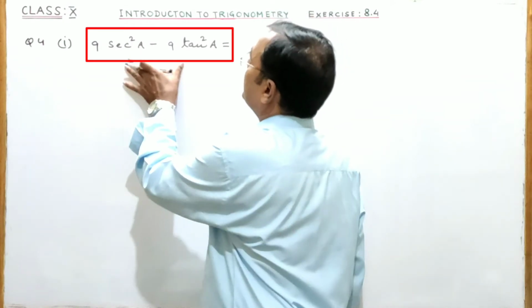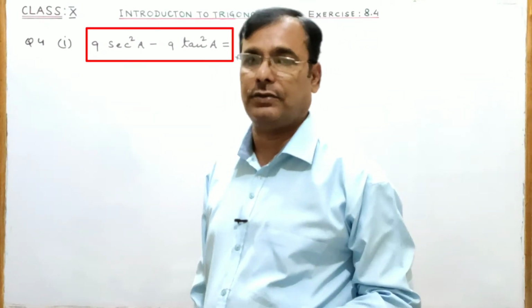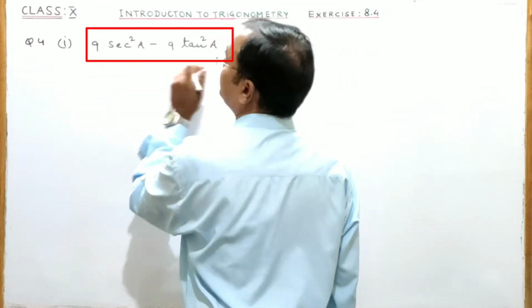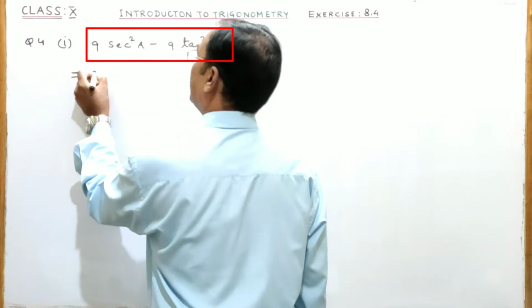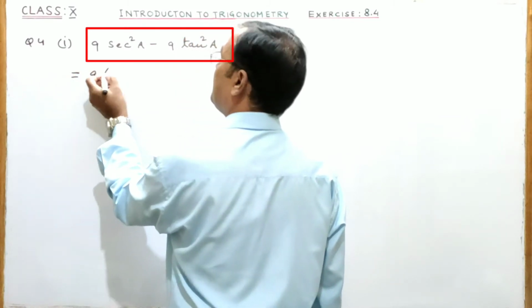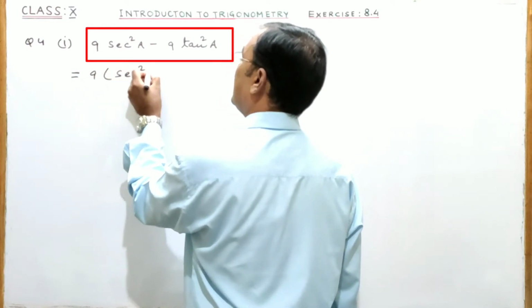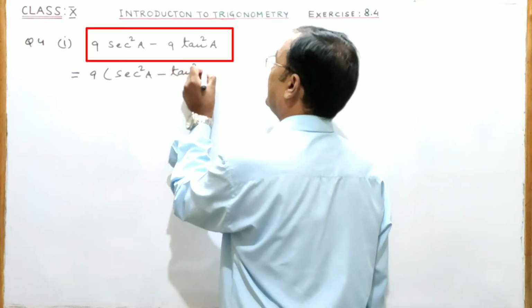So let us first evaluate it also, because it is asked to justify our choice. If we simplify this, what will we get? 9 we can take common, and we get 9 into sec square A minus tan square A.